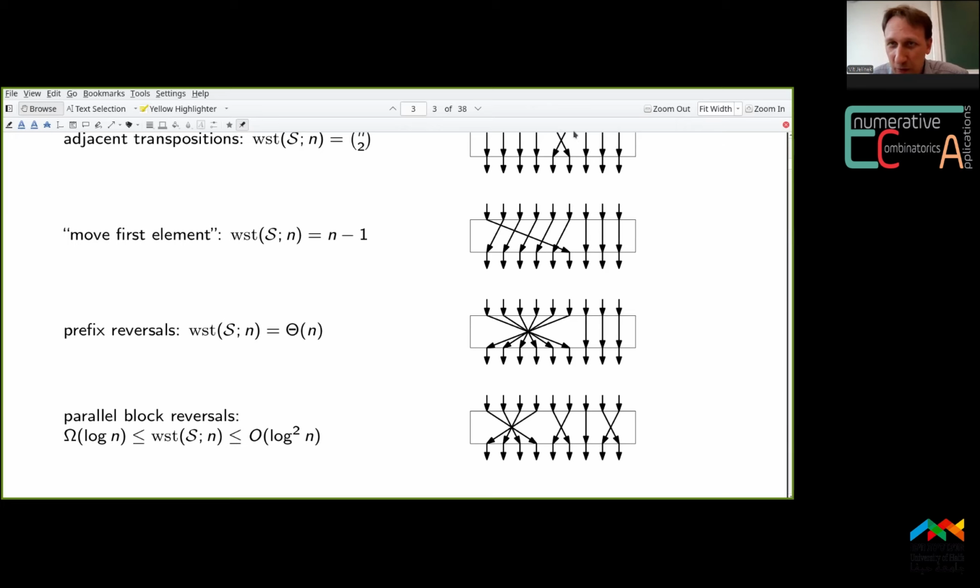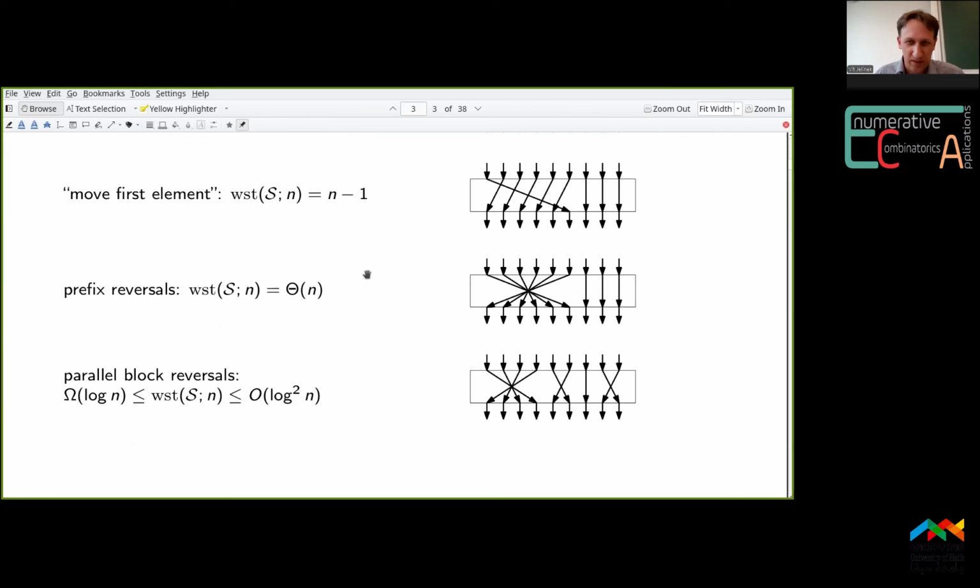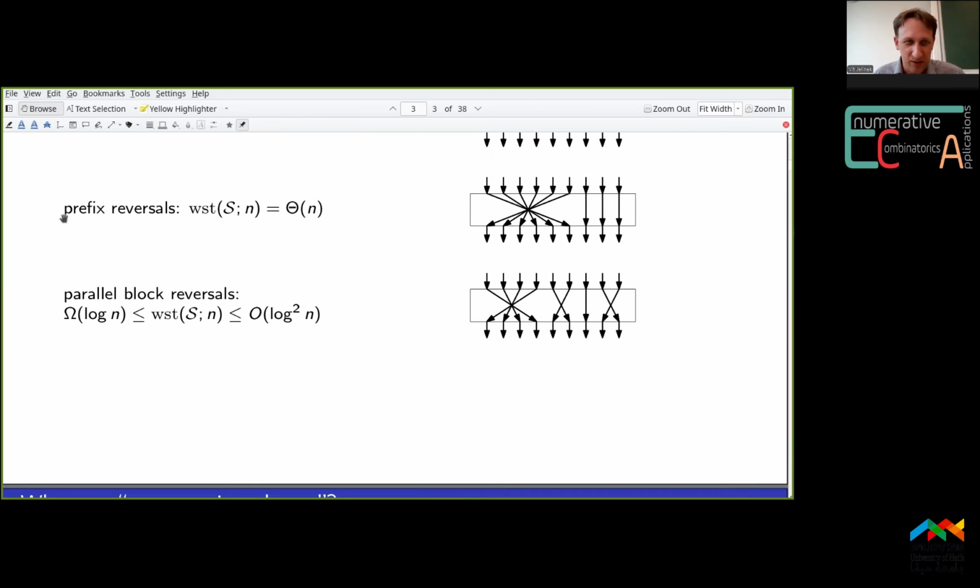In fact, even for quite a simple set of operations like these prefix reversals, where I'm allowed to take some prefix of the input sequence and reverse it, even for such a set of operations, the exact sorting time is not known.